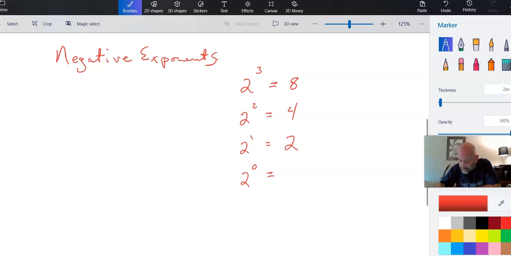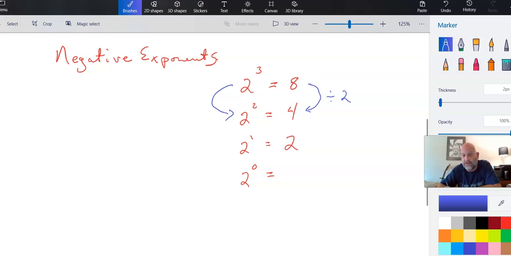In any case, what this ends up being, if you take a look at the pattern, right? If I have 2 to the third and I go from 2 to the third to 2 squared, let's look at what happens here. You notice what I'm actually doing is, to reduce the exponent by 1, I divide by the base.